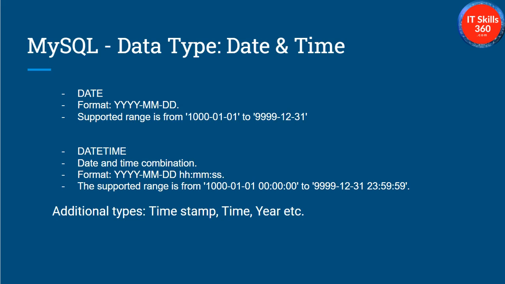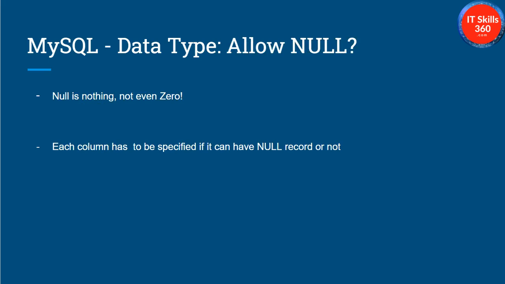Let's say in the bank, you want to make sure when the deposit was received, when the withdrawal happened. There this type of field will be helpful. Additionally, you can also have timestamp, time, and year for the actual year. These are all related types, but date and datetime would be very commonly used, and we'll see that.